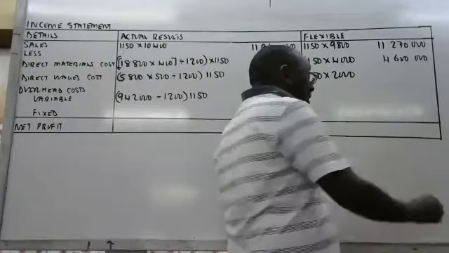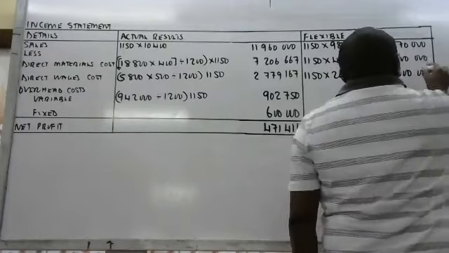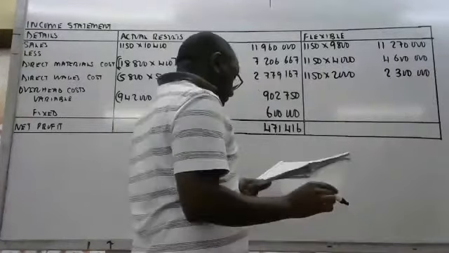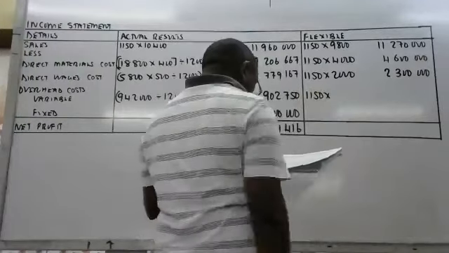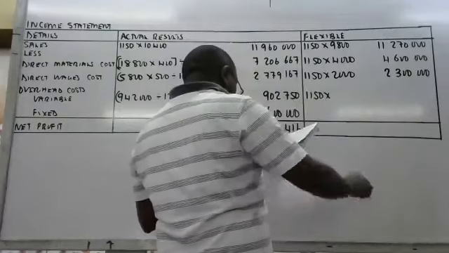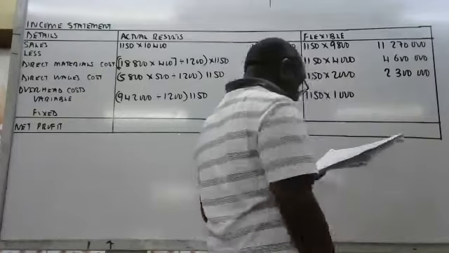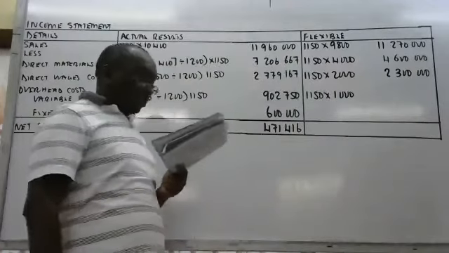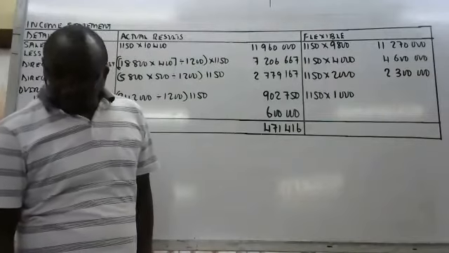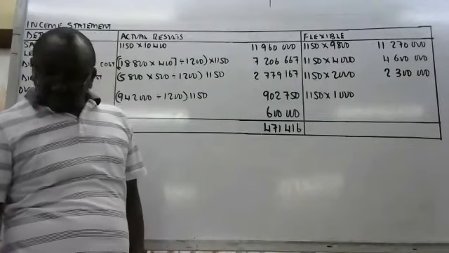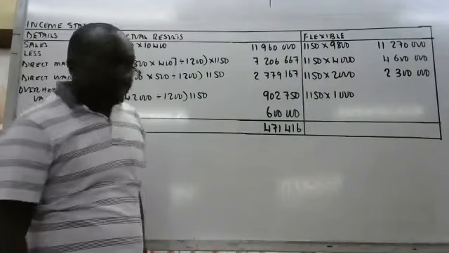Yeah, 2.3 million. The next one is 1150 multiplied by 1,000. Yeah, 1.15 million.